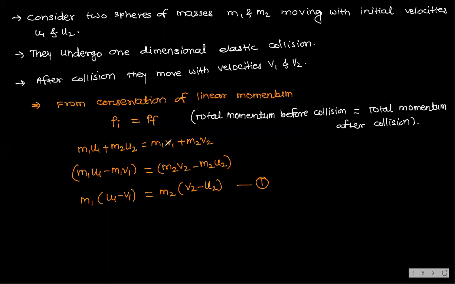So M1 U1 and this M1 V1 we have transferred, that's why minus. And this M2 V2 is already here. This M2 U2 I have transferred here, that's why it is minus. I have taken M1 common from this side, then U1 minus V1. M2 I have taken common from this side. What is left in the bracket? V2 minus U2.